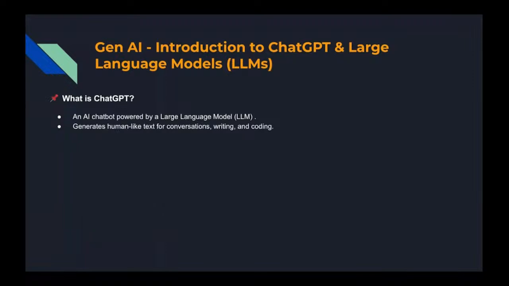It looks at all the words together instead of one by one, so it figures out the meaning based on context. This is a famous example we use for transformers. You have a sentence like "the bank is next to the river," and another sentence, "the bank approved my loan." We expect ChatGPT to understand the exact context of bank here.